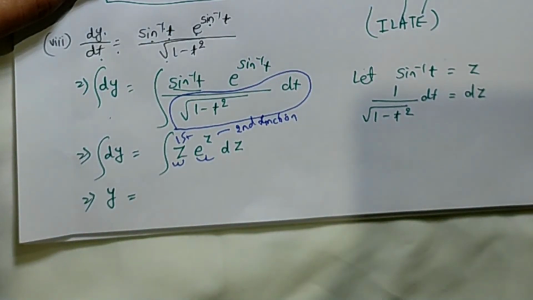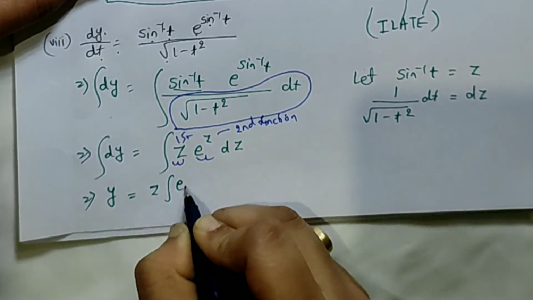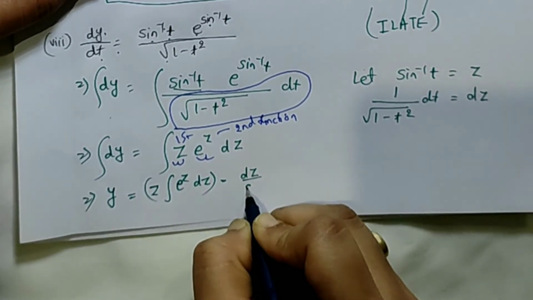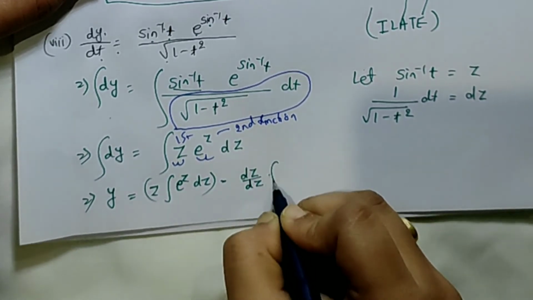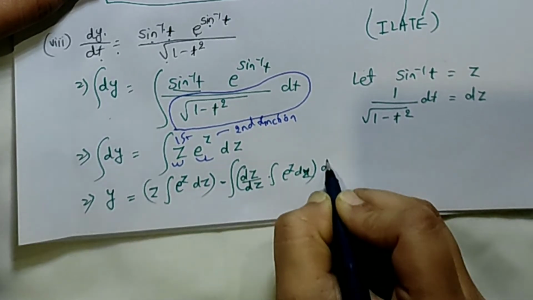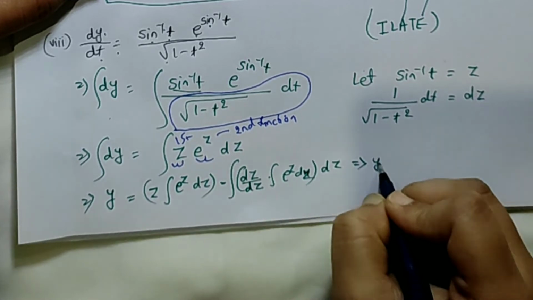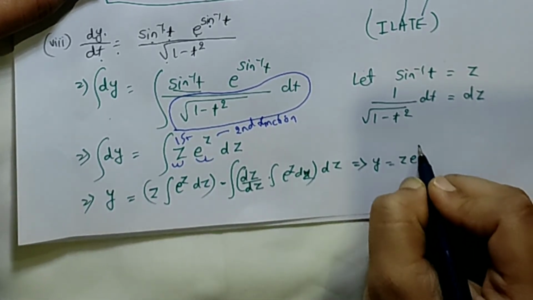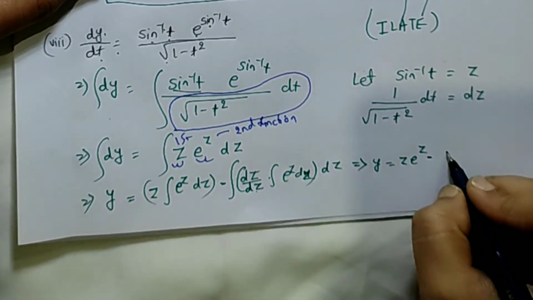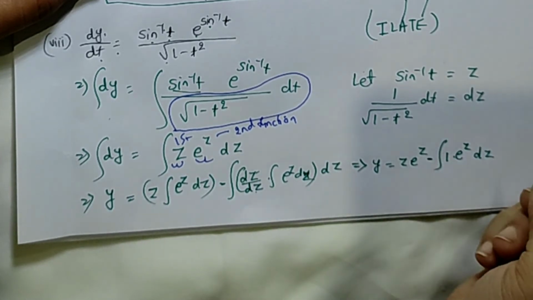Okay, now first function into integration of second function minus integration of derivative of first function into integration of second function. This will be the formula, yes or no? Which implies y is equal to z into the integration of e power z, which is e power z, minus dz by dz will be 1, e power z integration will be e power z into dz, whole integration.